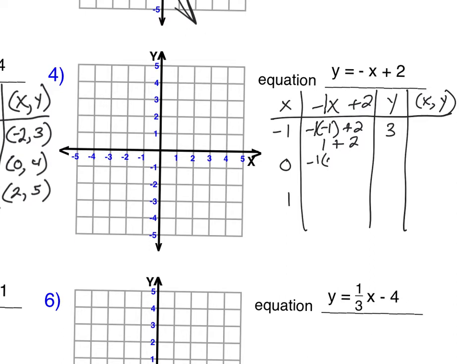Negative 1 times 0. Anything times 0 is 0. Plus 2 is 2. Negative 1 times 1 plus 2. That gives me negative 1 plus 2, which is positive 1. Just think 2 minus 1. Okay, so all three of those points are on this graph.